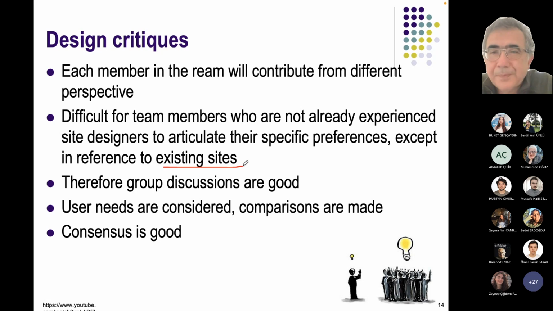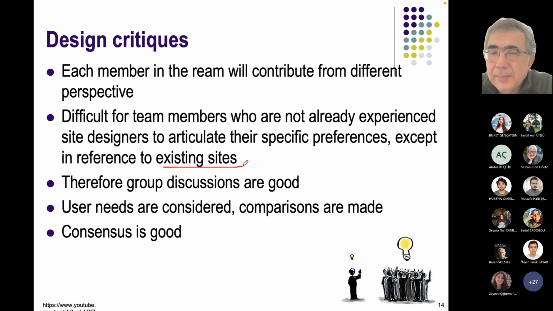So it is not an easy task to make decisions about web pages because there are too many variations. However, group discussions are good. That's what we are doing in the university to come up with a certain design, because we cannot make everything that we want. There are constraints: technical constraints, budget constraints, time constraints, development constraints.